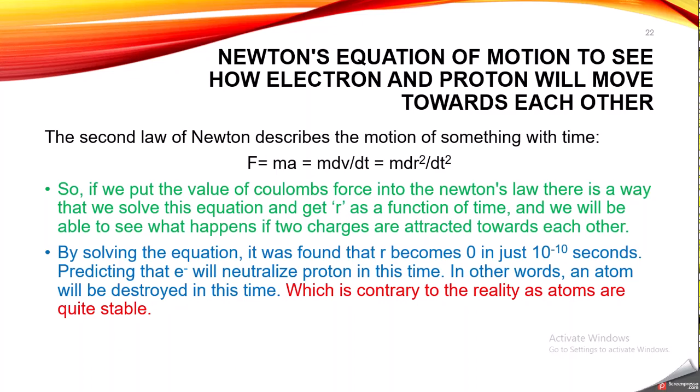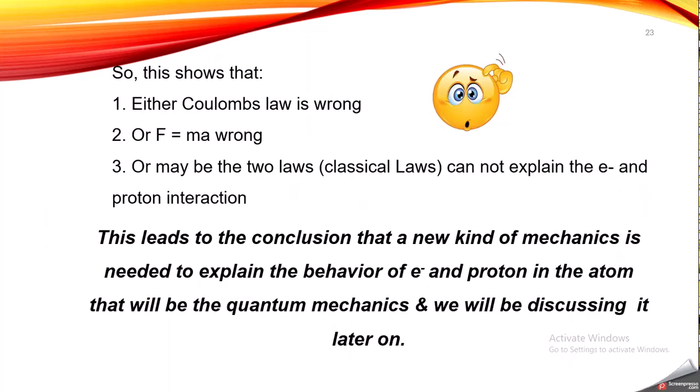These two classical laws, Coulomb's law and Newton's law, are predicting something that is not actually happening. So either Coulomb's law is wrong, or F is equal to ma, Newton's law, is wrong, or maybe the two classical laws cannot explain the electron and proton interaction.